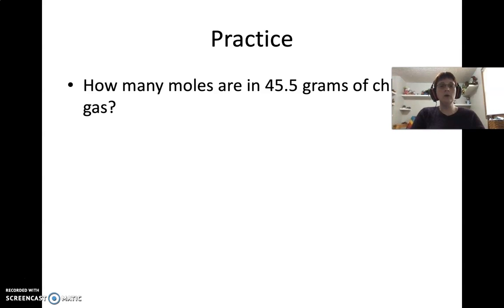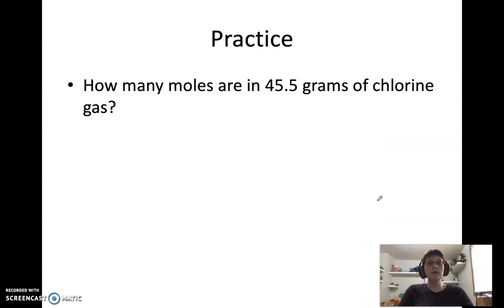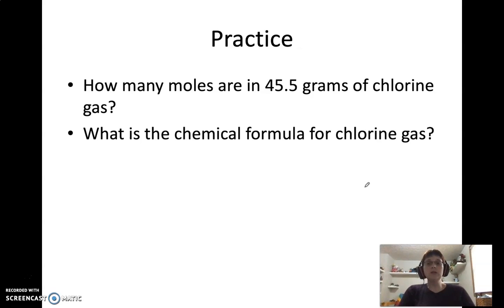How many moles are there in 45.5 grams of chlorine gas? What do we need to know? First, we need to know the chemical formula for chlorine gas.